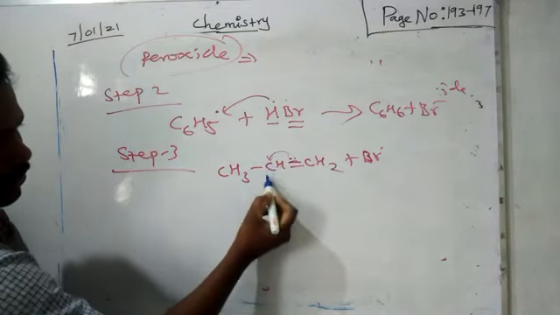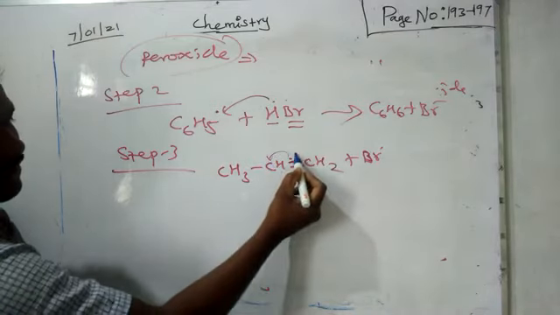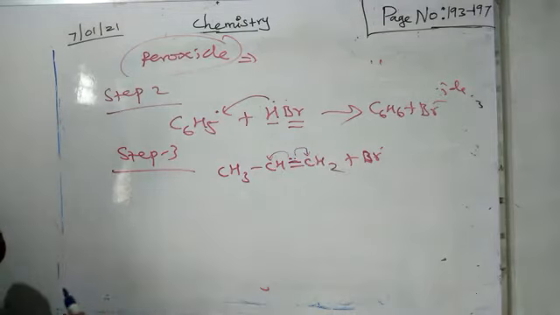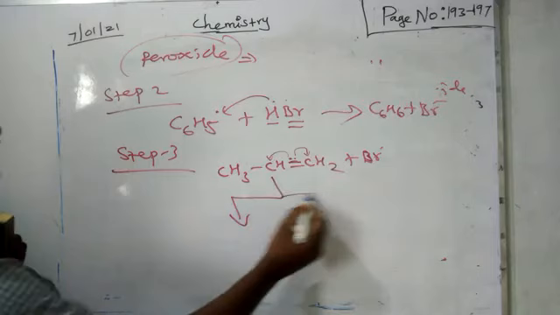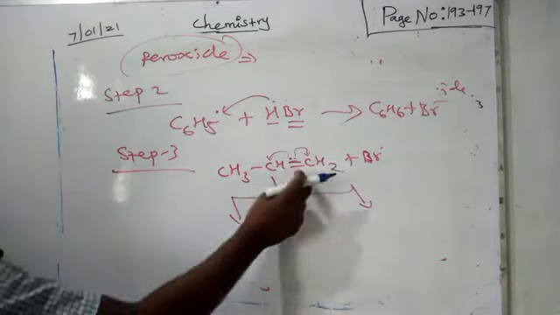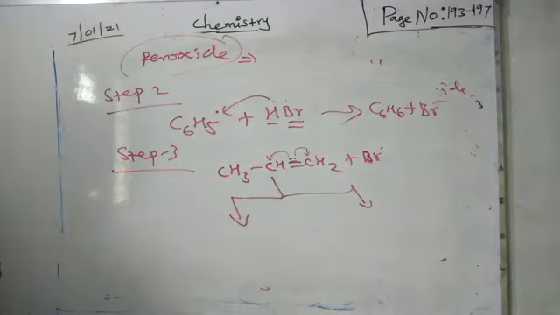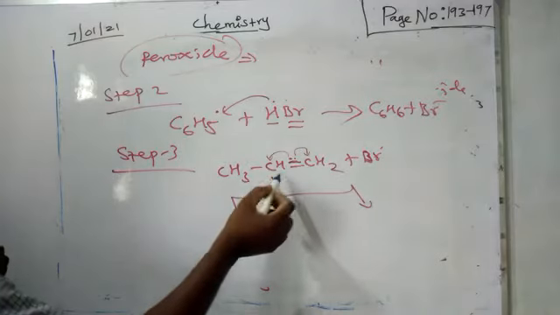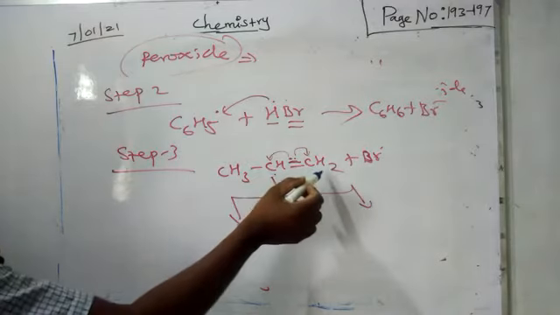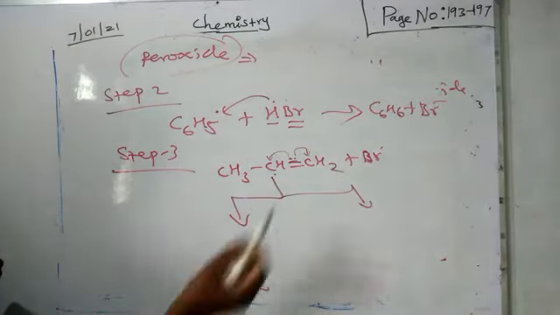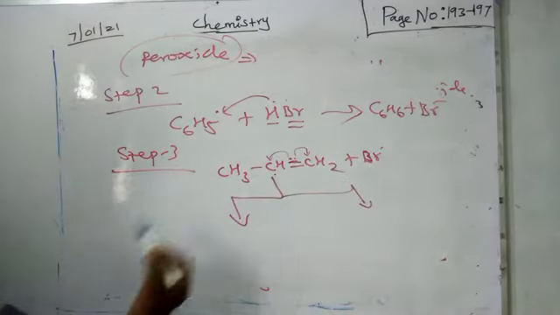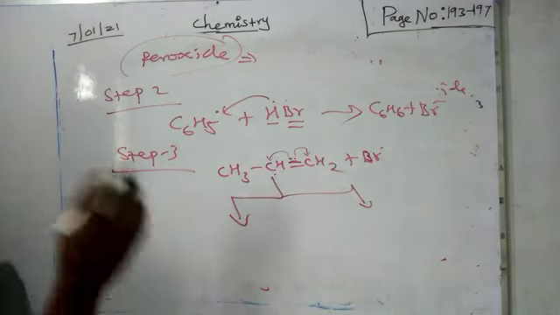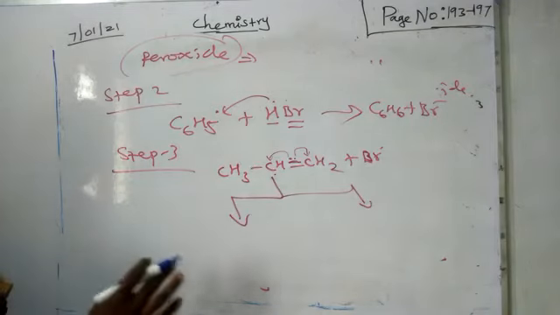One electron will go near the CH, another electron will go near the CH2 group. So which is the more stable free radical formation, secondary or primary? Br added in the middle carbon means a primary free radical will form. Br added in that CH2 group means a secondary free radical will form. The secondary free radical is the more stable.